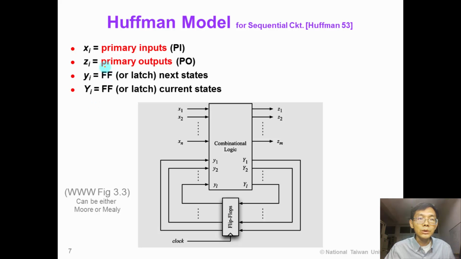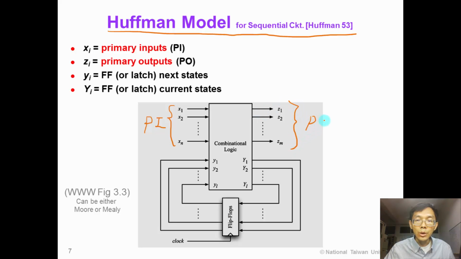This picture shows a Huffman model for sequential circuits, which was proposed by Dr. Huffman. In this model, Xi's are the primary inputs or PI, Zi's are the primary outputs or PO, and this rectangle represents memory elements such as flip-flops or latches.